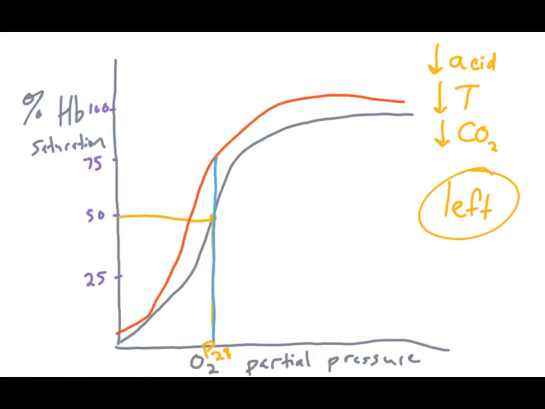And this is a little off scale, but instead of seeing that our hemoglobin are 50% saturated, we now see that they're about 75% saturated. Again, another way of thinking about that is that more of our hemoglobin are hanging on to the oxygen. Their affinity for oxygen is tighter or stronger, and they're less inclined to release that to the tissues.